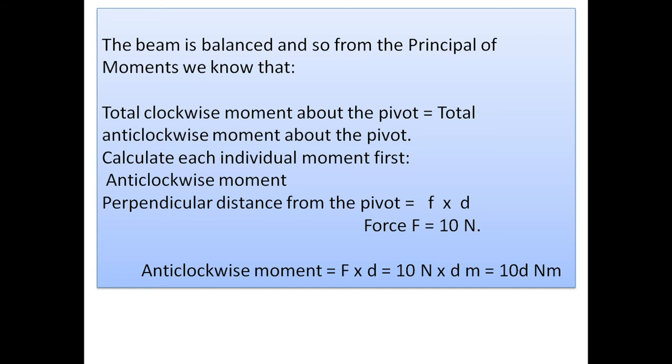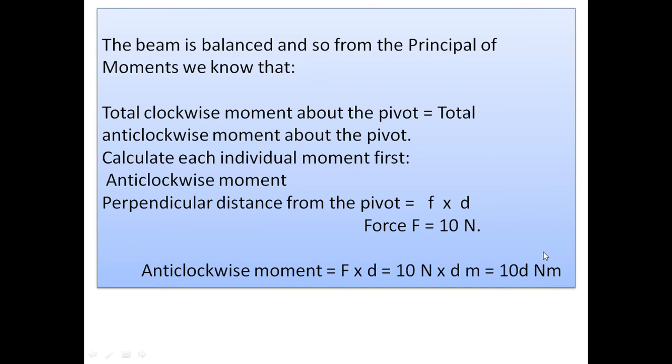The beam is balanced, and so from the principle of moments we know that total clockwise moment about the pivot equals the total anti-clockwise moment about the pivot. Calculate each individual moment first. First we will calculate anti-clockwise moment. F into D. F is 10 Newton, D is not given. So F into D equals 10 Newton into D, 10D Newton meters.